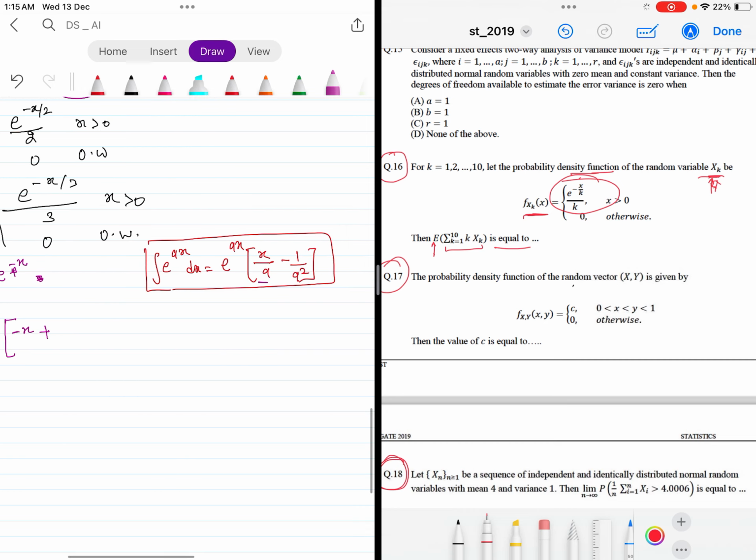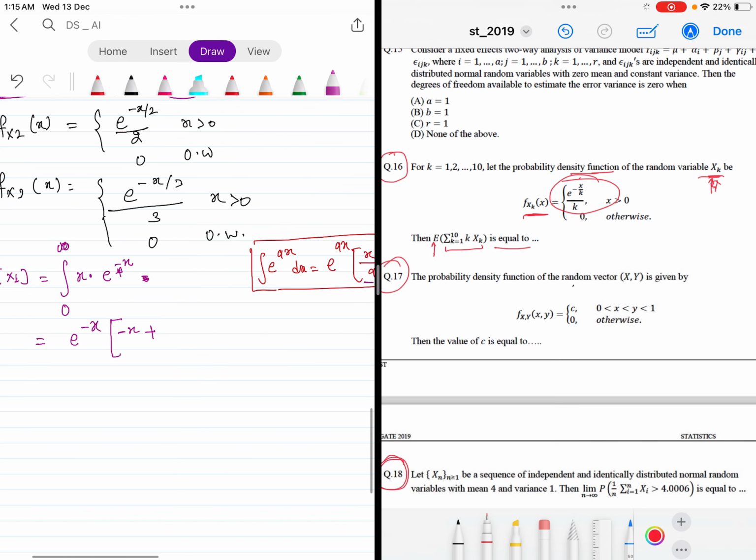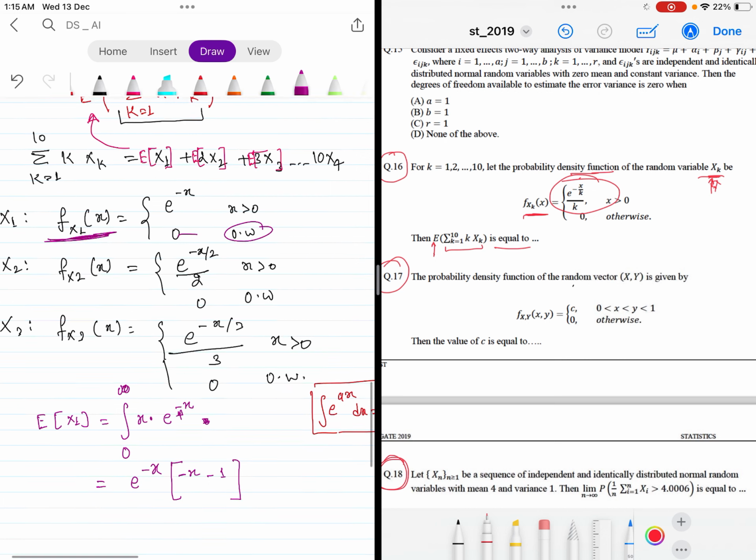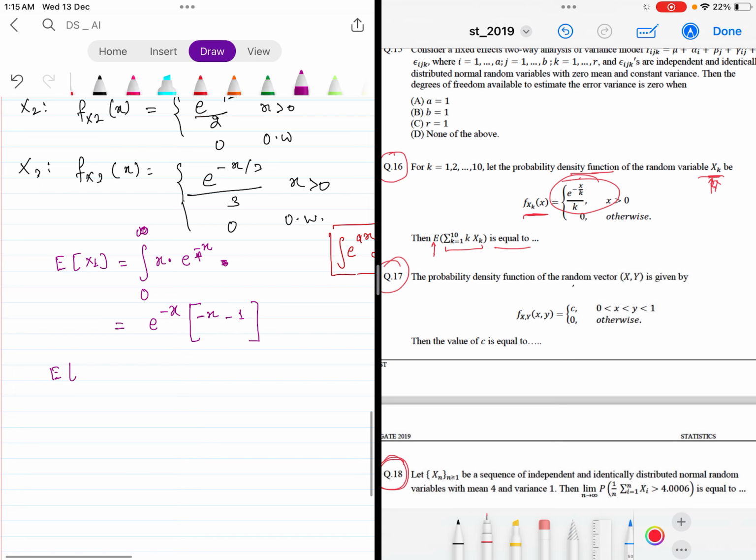And then 1 divided by a square is plus, so overall we get minus 1. Let's not put the limit as of now because for every integration calculation we will have this limit.